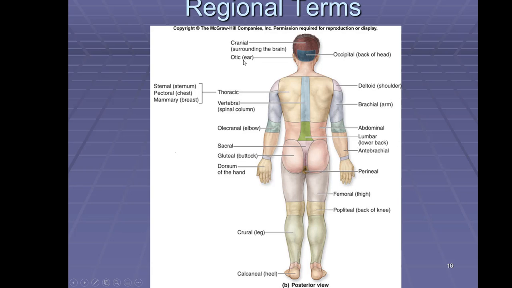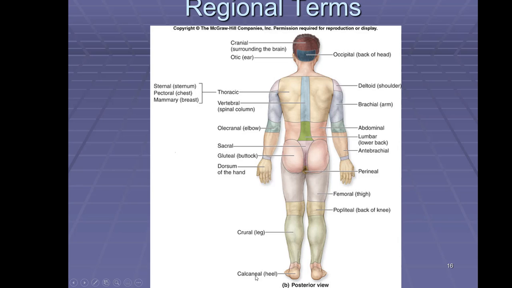Cranial, surrounding the brain. Otic is a good one, means ear. Thoracic, again, we did. Vertebral refers to the region where the backbone is. The back of the elbow is called the olecranal region. Sacral, kind of where your sacrum is right here, just above the butt. Gluteal means where your butt is. Dorsum of the hand, just like we had dorsum of the foot, so the back of the hand.